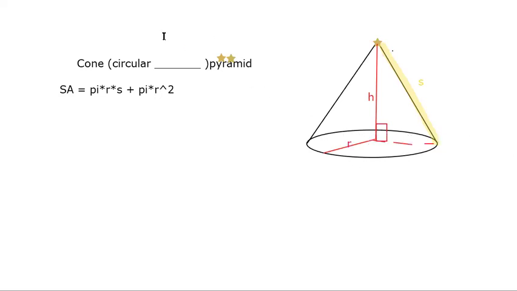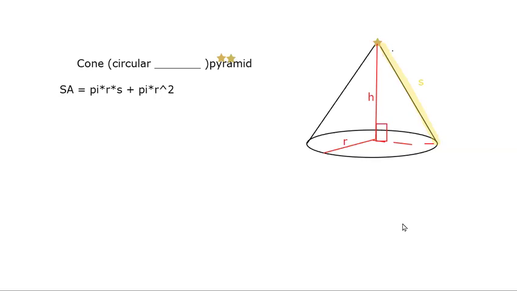So you can't forget your Pythagorean theorem and your right triangles just because we're dealing with cones, because now you're going to use all of that you learned with right triangles and Pythagorean theorem to figure out the radius, the height, or the slant height of a cone, so you can figure out how much paint it's going to take to paint the outside of it, also known as the surface area. Okay, so write that formula down for your cone.